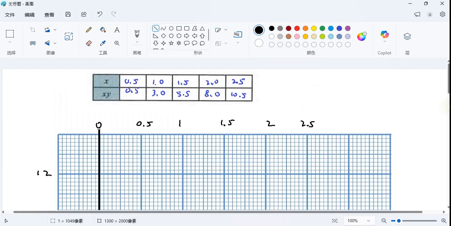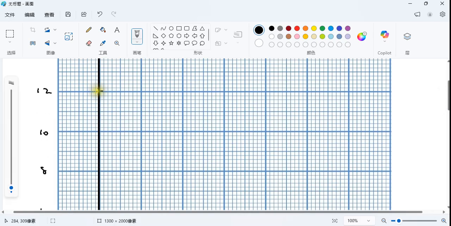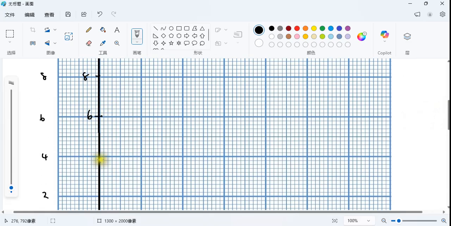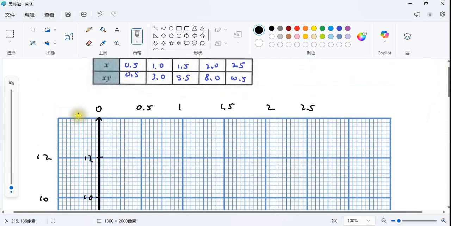So we must leave place for the y-intercept. So we have 12, 10, 8, 6, 4, 2, 0, negative 2, and 0, 0.5, 1, 1.5, 2, 2.5. This is x, and this is xy.